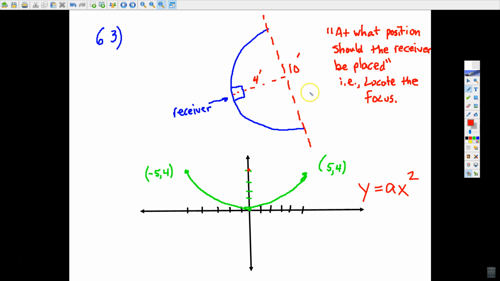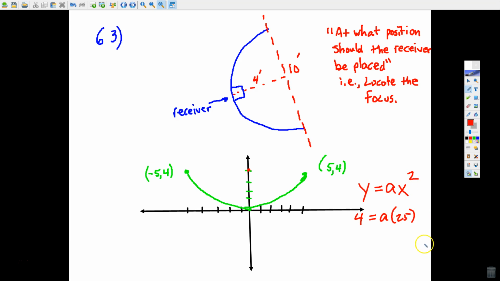If I know what the focus is, then I'll be able to answer the question. Well, in order to find the focus, I need to know what A is. Well, to find A, I'm going to use one of these ordered pairs, it really doesn't matter which, to plug in for X and Y. So Y is 4, X is 5, so 5 squared is 25.